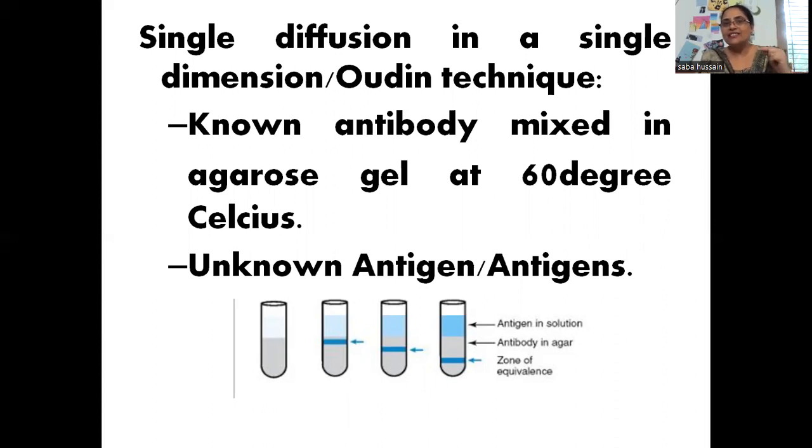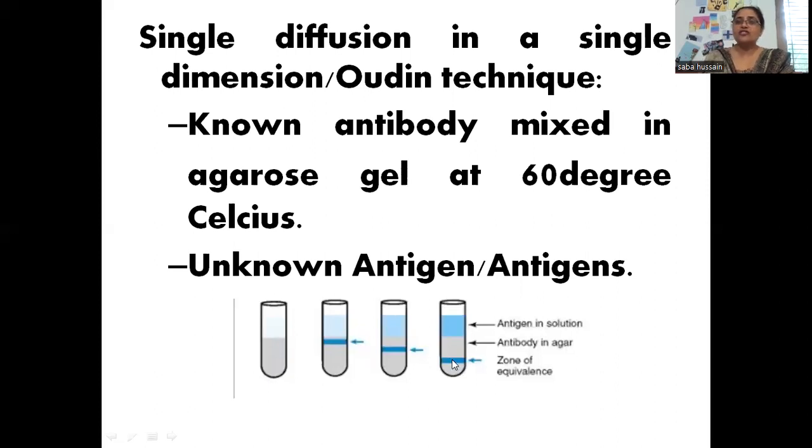So when we are talking about single diffusion, the Oudin technique, it is known antibody mixed in agarose gel. Unknown antigens are poured, and if the corresponding antigen is present with this antibody, you will find a precipitate in the zone of equivalence.